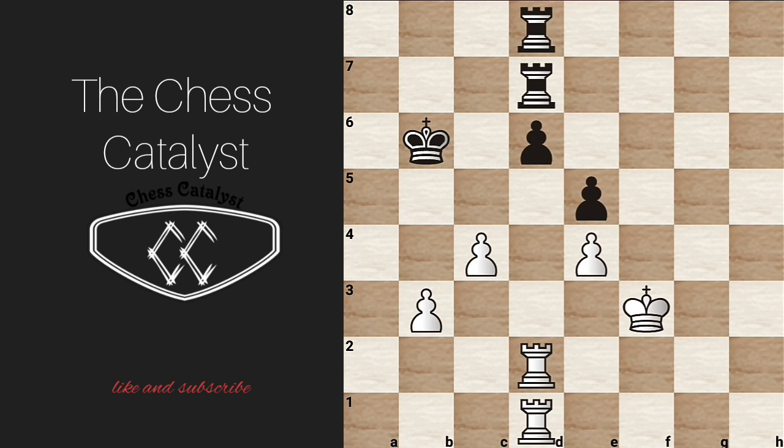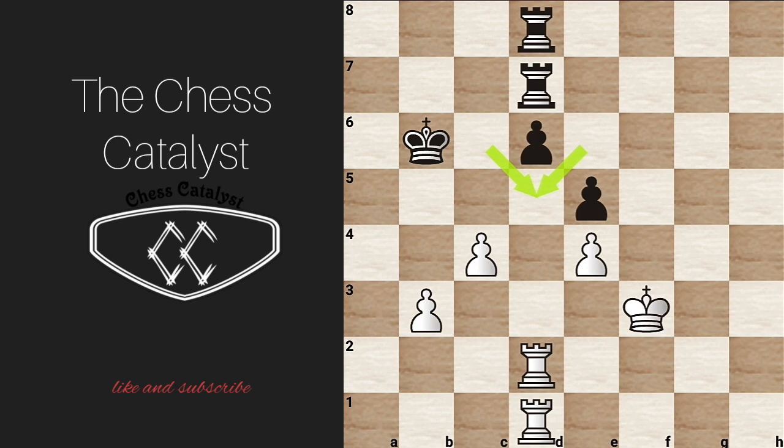So let's first of all point out black's weaknesses. One of black's weaknesses is this square. This square is weak because there are no pawns to defend the square. So another way you can define weaknesses is that a weakness can be a square that cannot be defended by any pawn. And also a weak pawn can be of different varieties. There's the backward pawn.